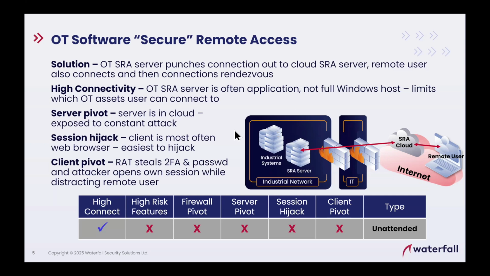And I had a different attack scenario for the client pivot. In addition to stealing the web stuff, you could have a remote access Trojan on the client that is watching as the client enters their username to the cloud, their password to the cloud, their two-factor dongle secret code, texted to their cell phone. They have all that information.